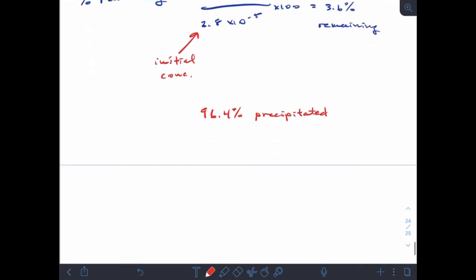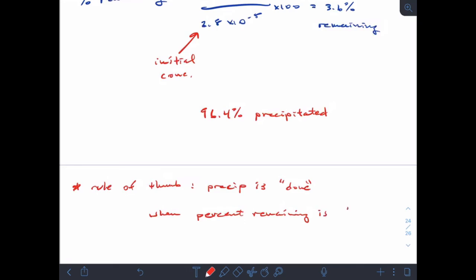And the rule of thumb for percent completion is that we say precipitation is quote-unquote done when percent remaining is less than 0.1%.